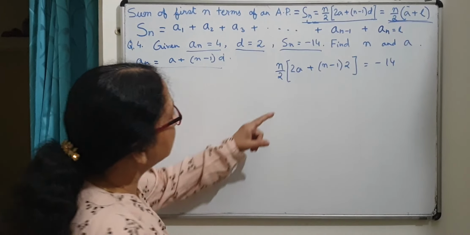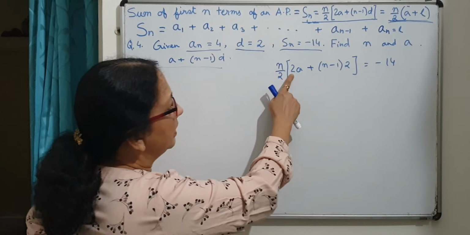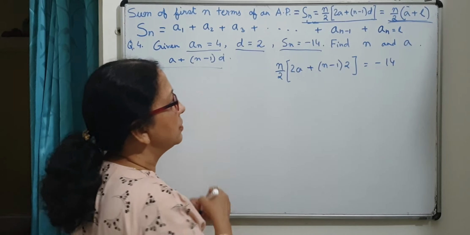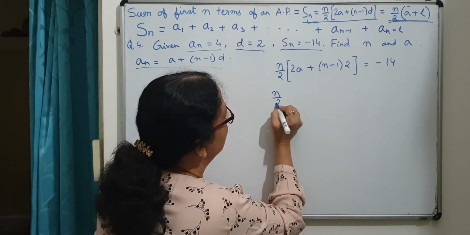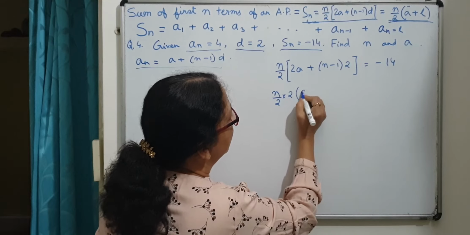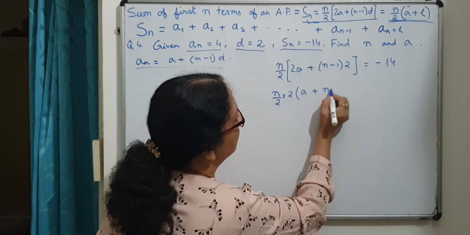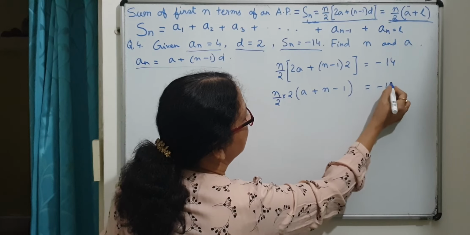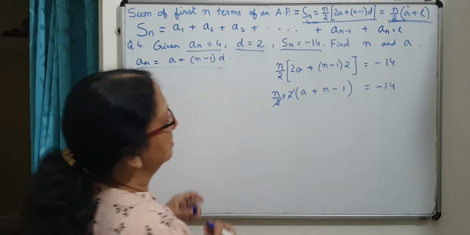Now you observe one thing. There is a 2 in both the terms, so I can take out 2 common. In this way I can write n by 2 into 2A plus n minus 1 is minus 14, with the 2 getting cancelled.